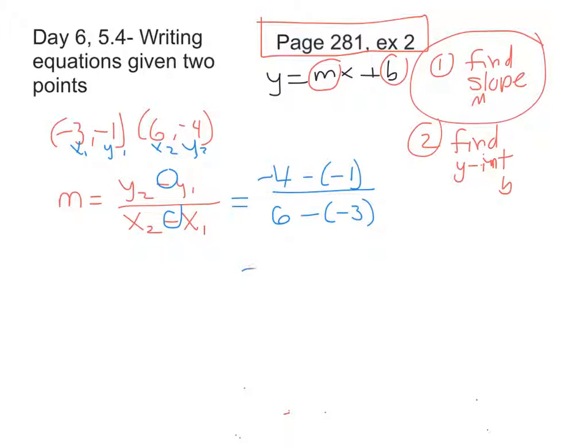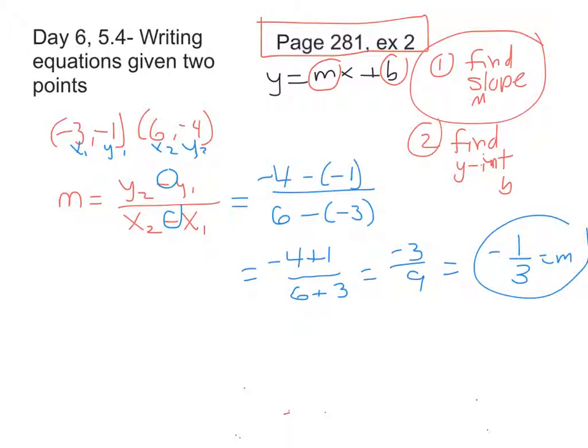So to simplify that, I have -4 plus 1 on top, and I have 6 plus 3 on the bottom. On the top, that now gives me -3, and on the bottom, 9. I'm going to always simplify that slope, and this one would simplify to -1/3. So there's my m. I've got the first step done, finding the slope.